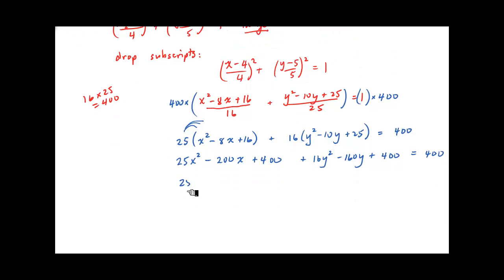So we're going to have 25x squared, and it's customary to write the highest degree terms at the beginning. So we'll now move our 16y squared up to the front, right after the x squared term. And then we put our linear terms with exponent 1 on the variable. And then we put our numbers. We have 400 and 400 is 800 minus 400 is going to be plus 400 equals 0. So this is the equation of the ellipse.